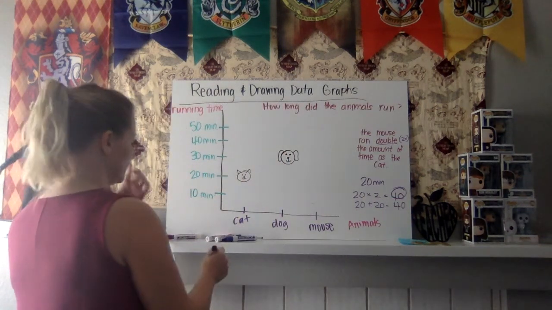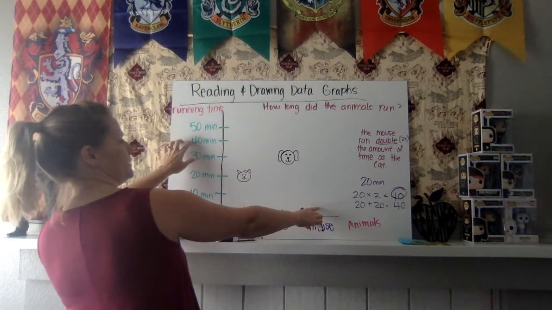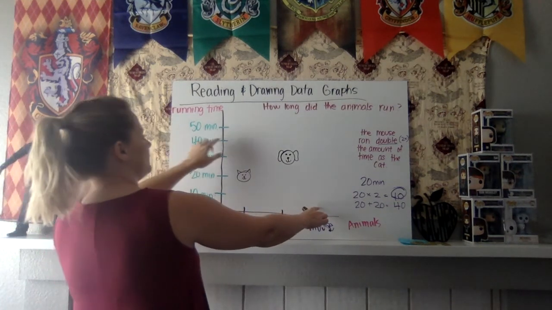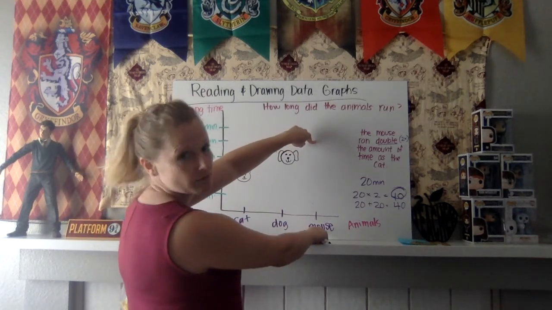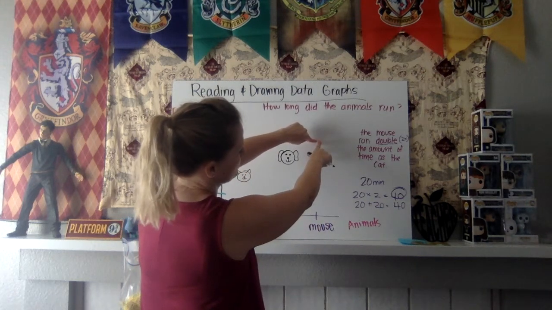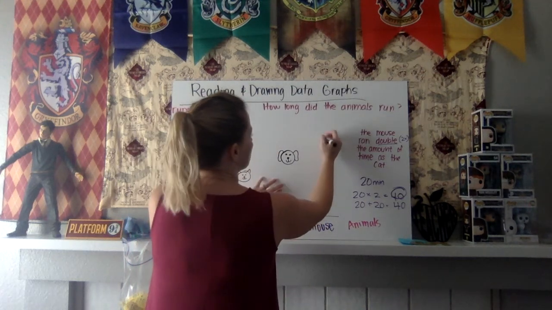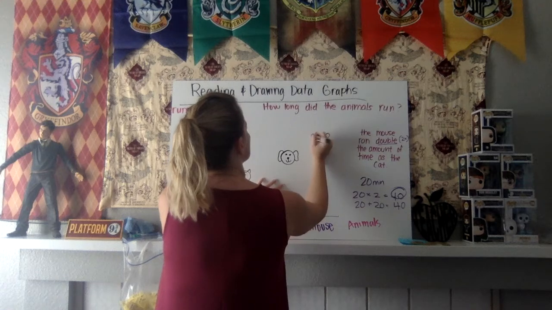So now we're going to add the little mouse on our graph, right? So we need to find 40 minutes, which is right here on our vertical axis. We're going to follow this over to the right, and then now we're going to go up from the mouse, and we're going to see where our fingers meet. Okay, so right there. So that's where we're going to be drawing our little mouse.